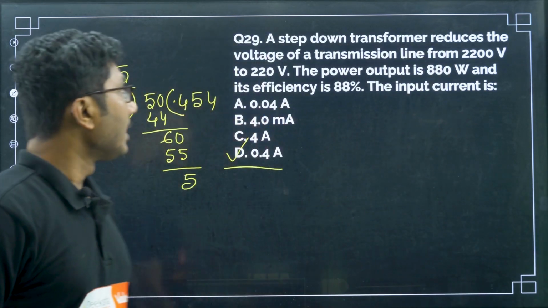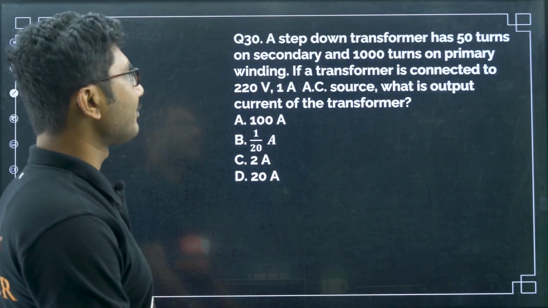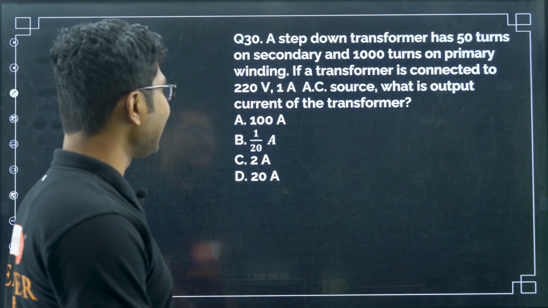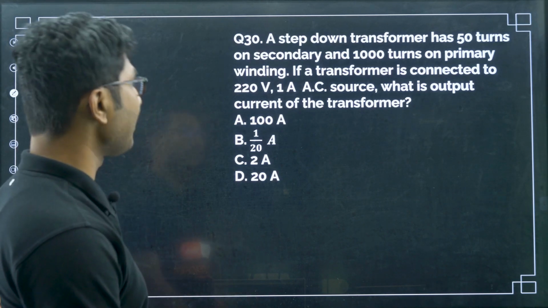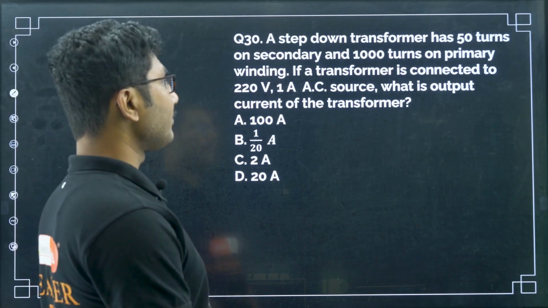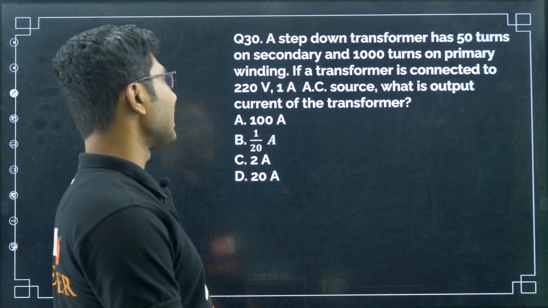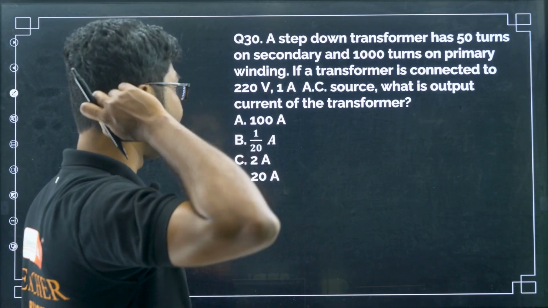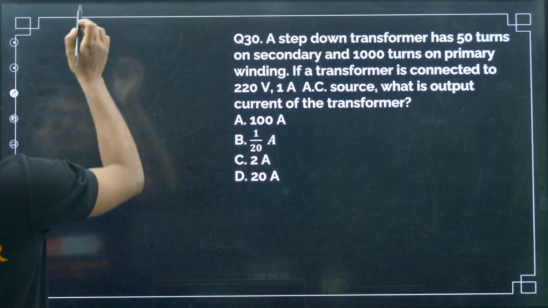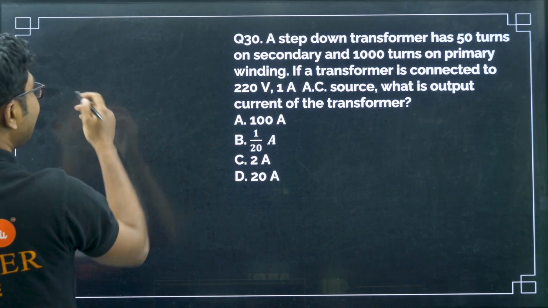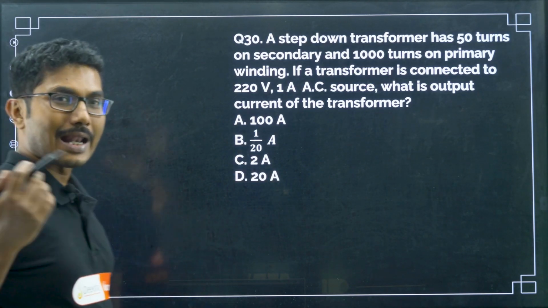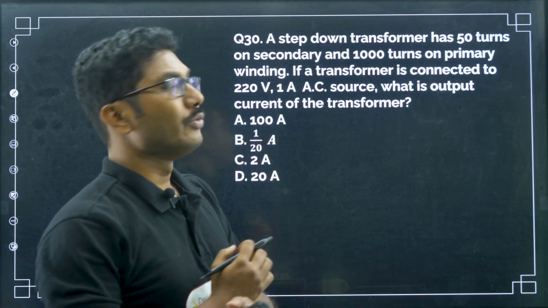This is easy. Next question. A step down transformer has 50 turns in the secondary and 1000 turns on the primary. If the transformer is connected to a 220 volt 1 ampere AC source, what is the output current of the transformer? First of all, you can directly calculate the current, you do not need to wait too much.